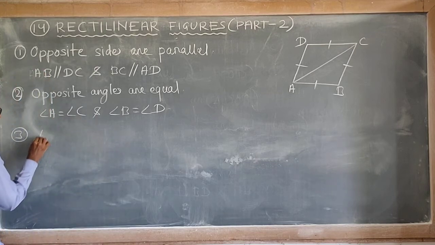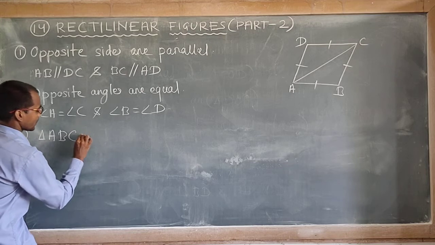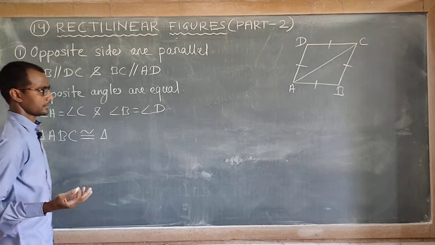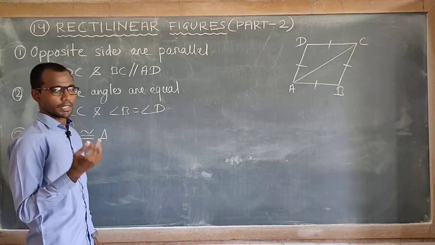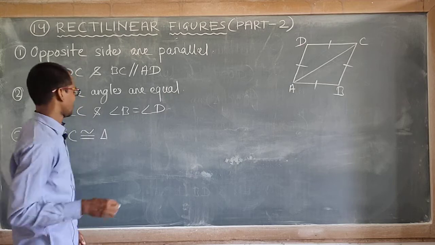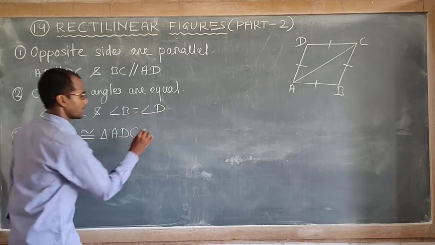That means triangle ABC is congruent to triangle ADC. You can write ADC or you can write CDA. Both orders will be correct in this case. So I am writing ADC.